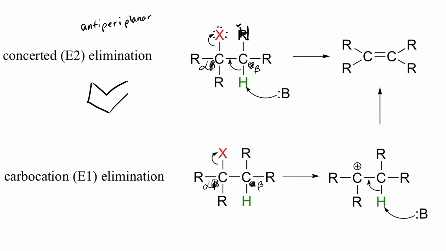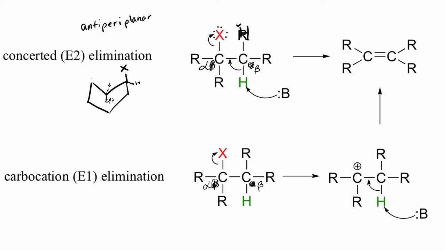So if we look at a hexane of sorts, and I put a halogen here in the axial position, I'm just going to put a hydrogen over here. And over here on this carbon, I'm going to put, let's see, then I would be down. I'm going to put a methyl group here, and then I have a hydrogen equatorial here.